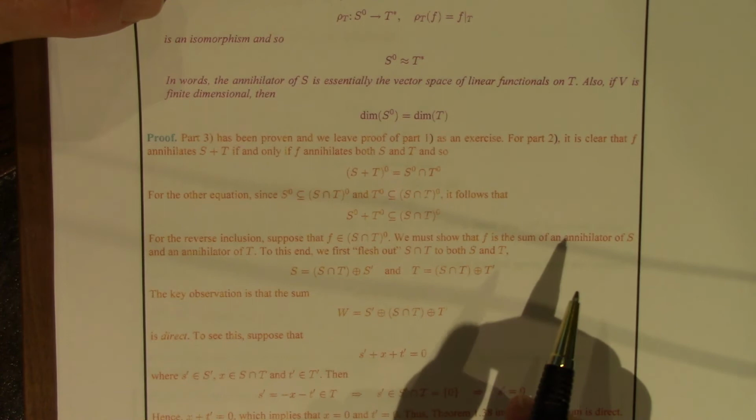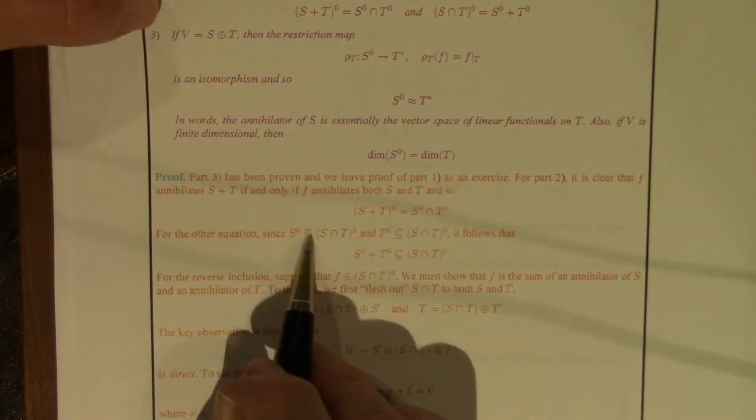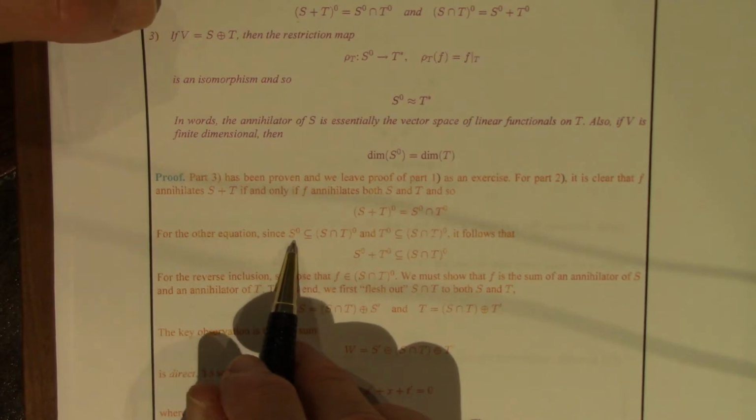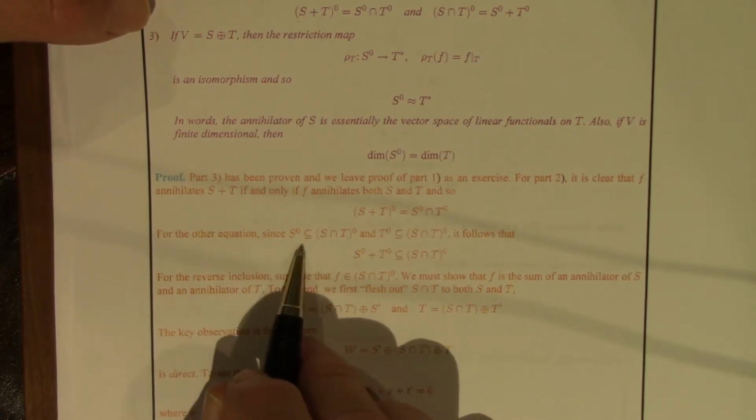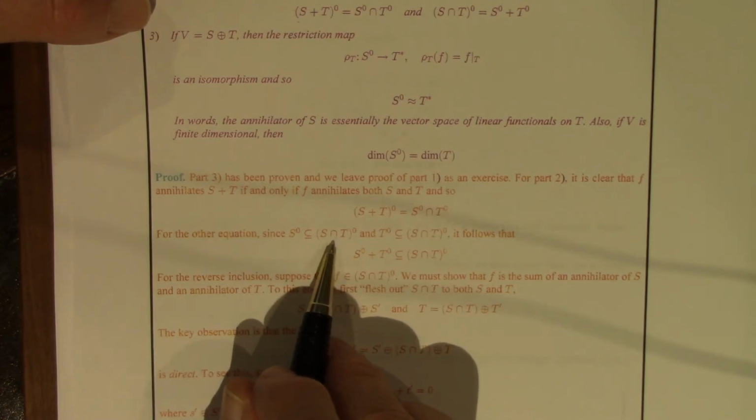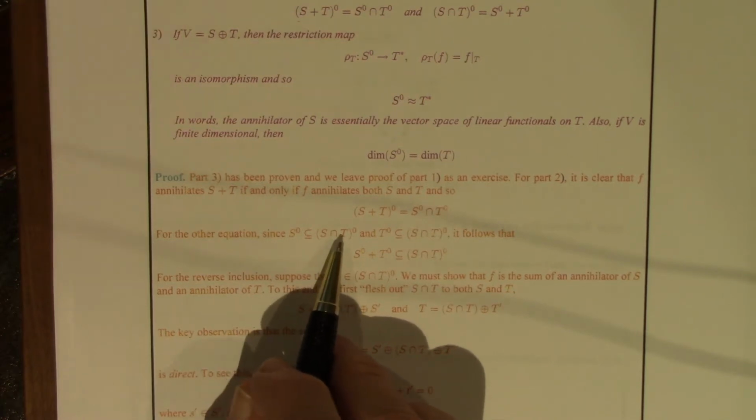The other equation is a bit more of a strain. We do know that S naught is contained in S intersect T naught because of the reversal of inclusion. That was part 1, order reversing.